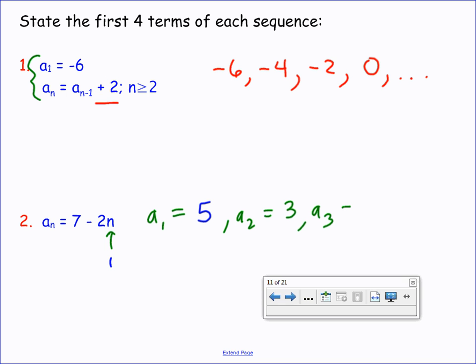A sub 3 would be given by 7 minus 2 times 3, 6, 7 minus 6 is 1, and so on. So we can certainly use an explicit formula to generate the first 4, but I think recursive is quicker and easier. Not to say that this is hard, it's just that it's easier to use recursive. So last one, 7 minus 2 times 4 is 7 minus 8 is negative 1. What questions do you have about recursive versus explicit?